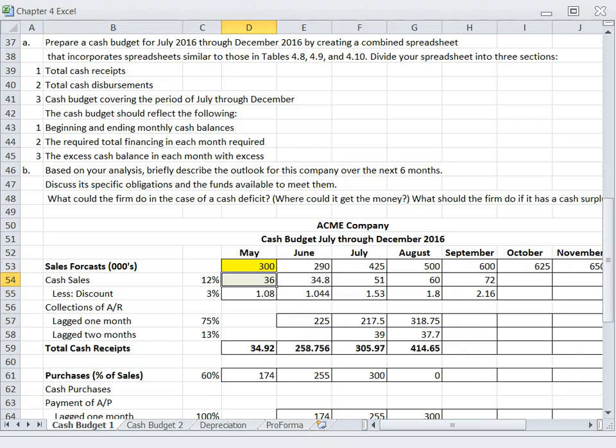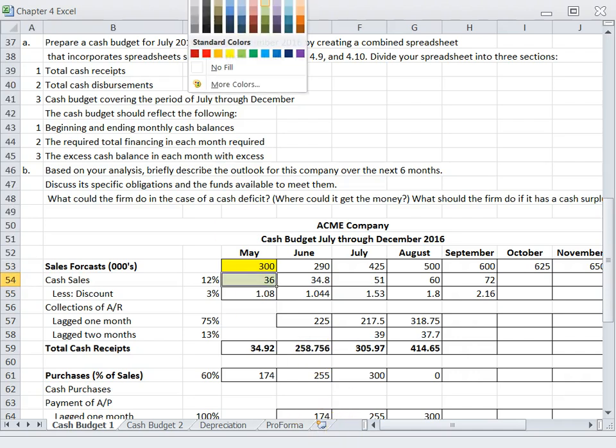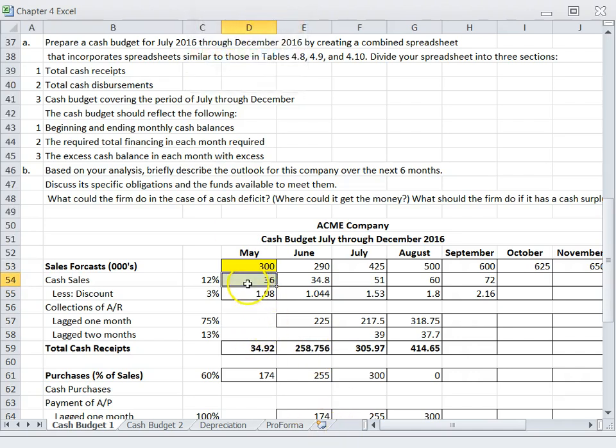I'm going to collect 12% straight up cash in May. So imagine that you sold something, your sales for your store. Some of your sales are rung up in cash, so 12% on average is cash. However, there's going to be a discount because the people paid cash. So you offer a discount for certain people who pay cash within 10 days.